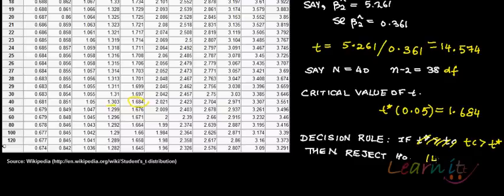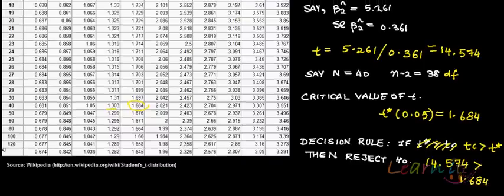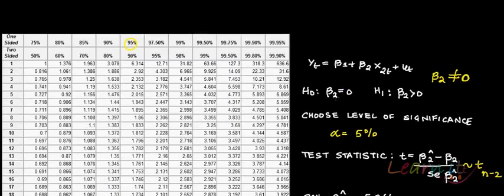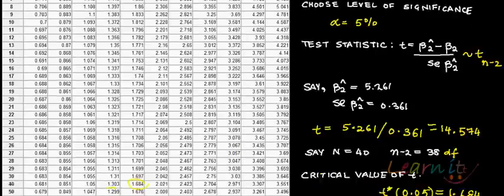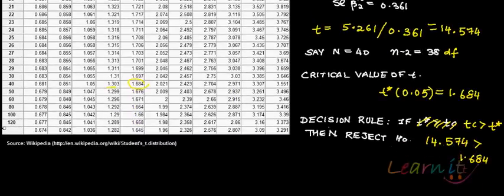Your calculated t is 14.574, which is greater than this critical t star, which is 1.684. So you reject the null hypothesis. You reject the hypothesis that beta 2 is equal to 0. Equal to 0 would mean that beta 2 is insignificant in this model. So you're rejecting it for the alternative, that is, it is significantly greater than 0.